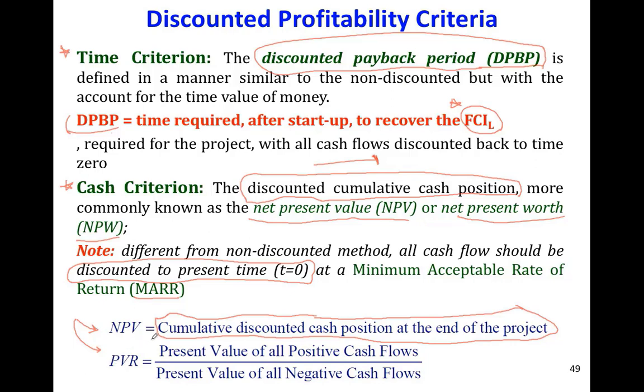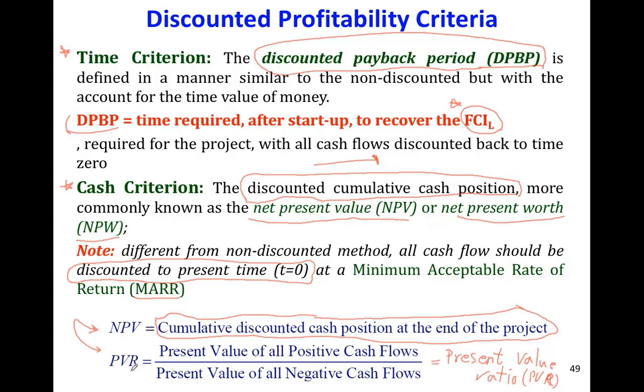This is PVR. Yes, PVR is present value ratio. Present value ratio, PVR, is the present value of all positive cash that you got divided by the present value of all negative cash.